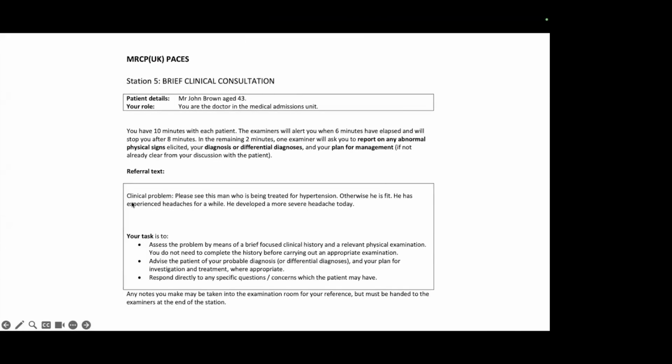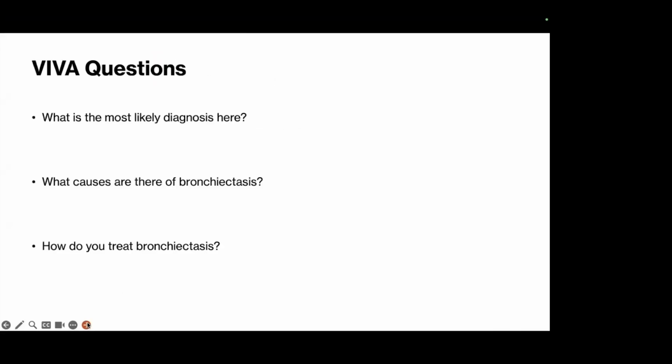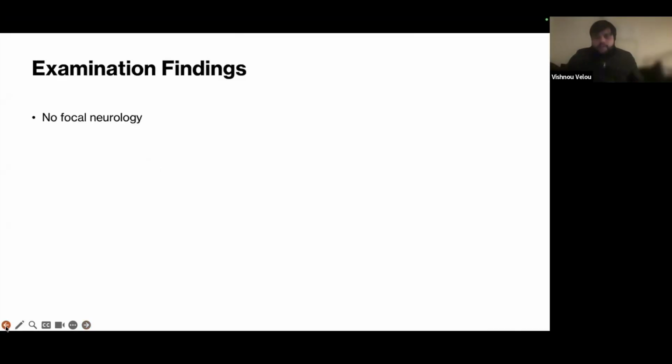First of all, I would like us to do some observations. Ideally, because it's the worst headache, I would like to do a CT scan of the head, non-contrast, to rule out a possible bleed in the brain.